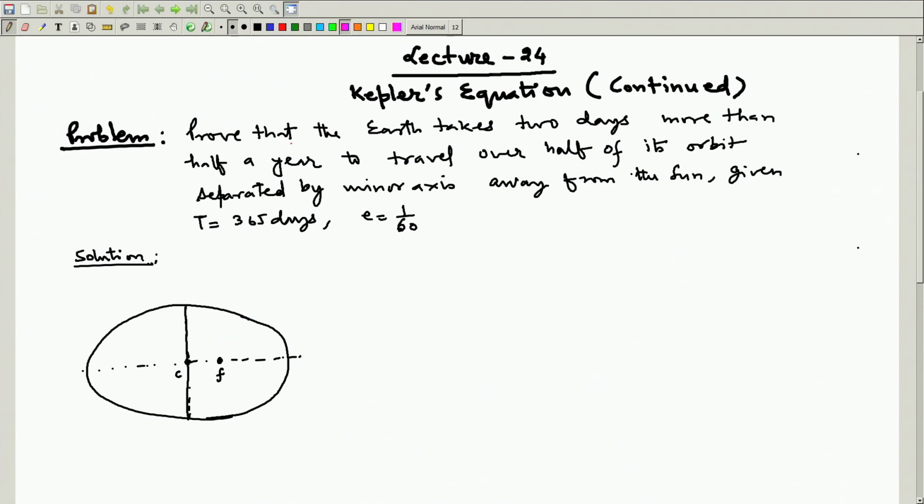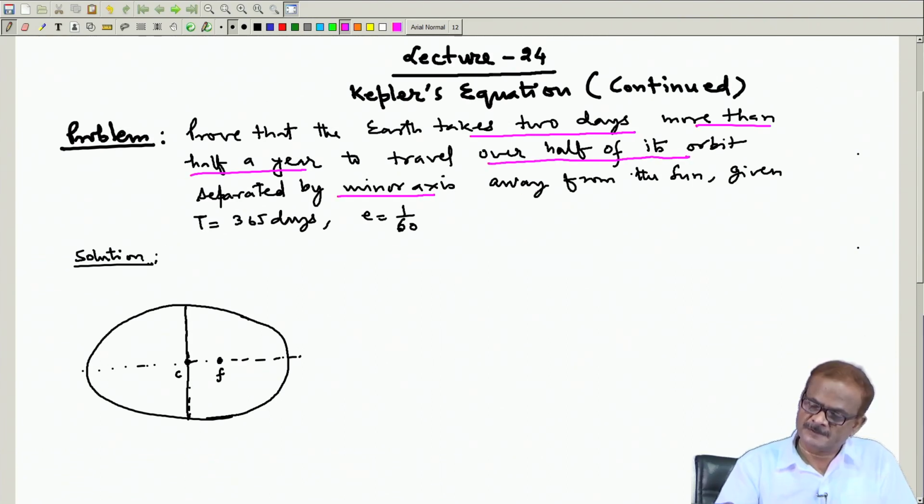So, what it is telling is: prove that earth takes 2 days more than half a year to travel over half of its orbit separated by the minor axis away from the sun.